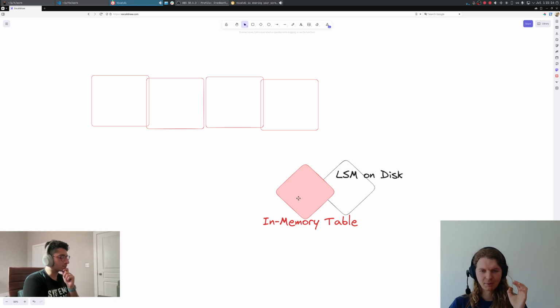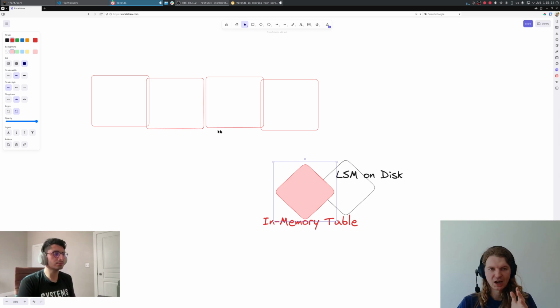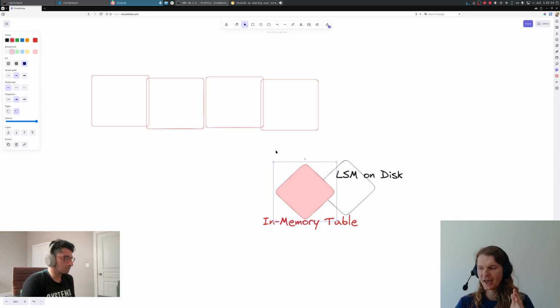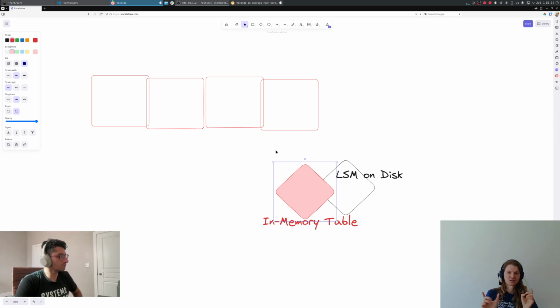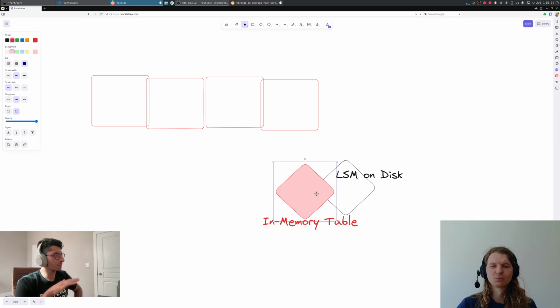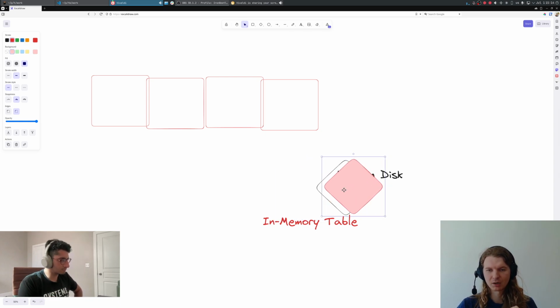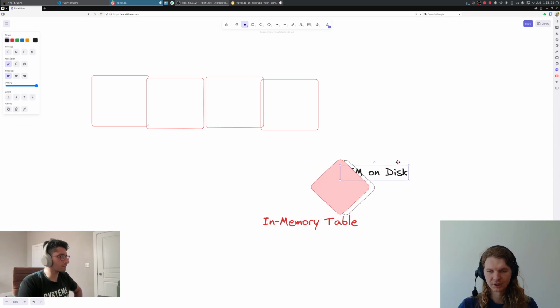And this in-memory table is slowly accumulated whenever we append a new prepare. And once we append a compaction interval of prepares, we actually go and start moving that in-memory table to disk in the process of compaction.